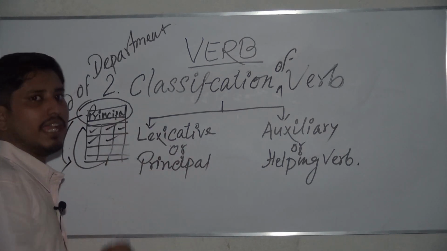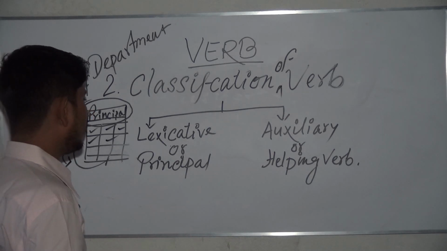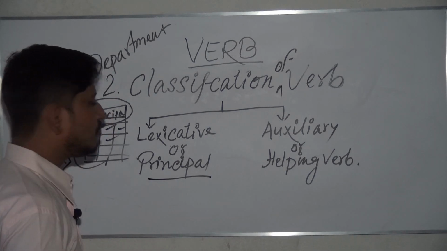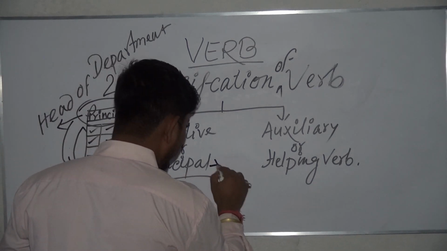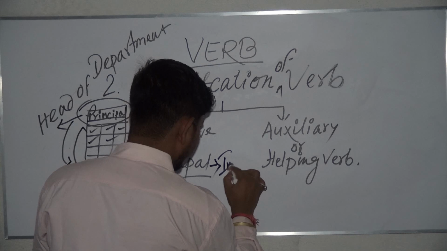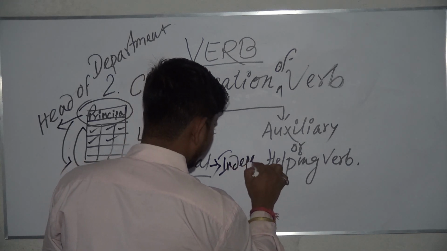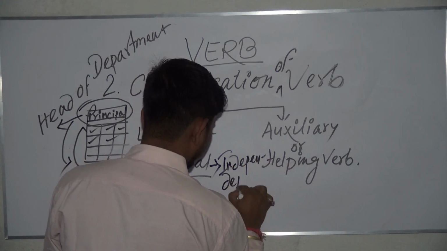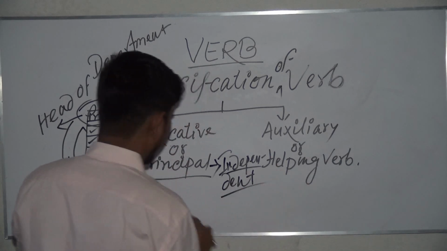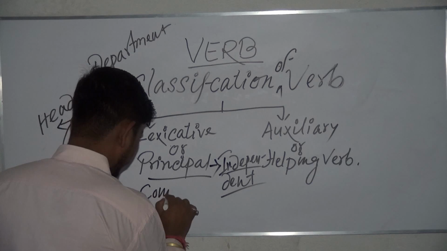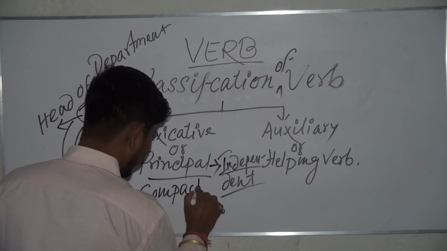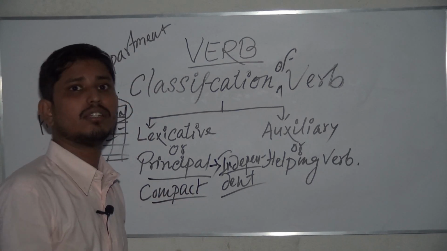It is the same as when you are using a principal verb in a sentence. Principal verb is independent. It is compact in a particular sentence.